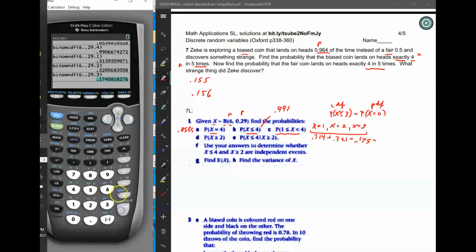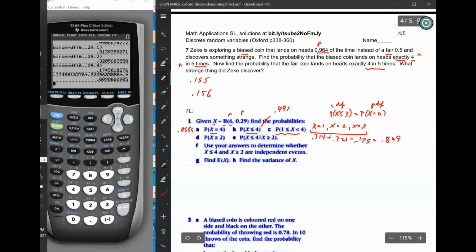We could do that with copy and paste. Plus equals, so the answer is 0.809.